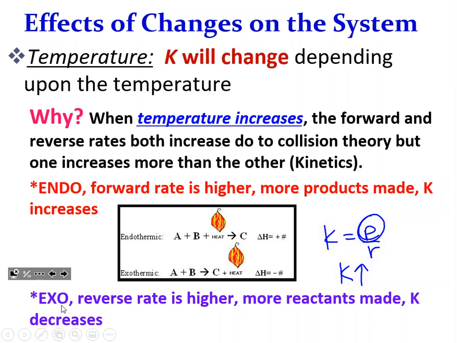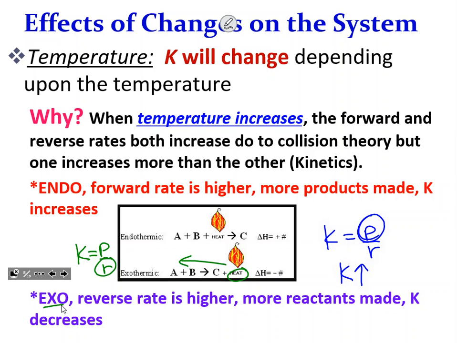Exo, the reverse rate is higher. More reactants are made and K decreases. Same idea here. Products over reactants. So if it's exothermic, you have heat on this side. Pretend it's just like adding something into the products. That means it would shift left towards the reactants.